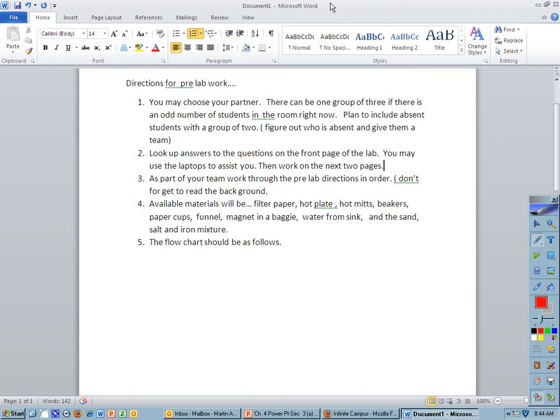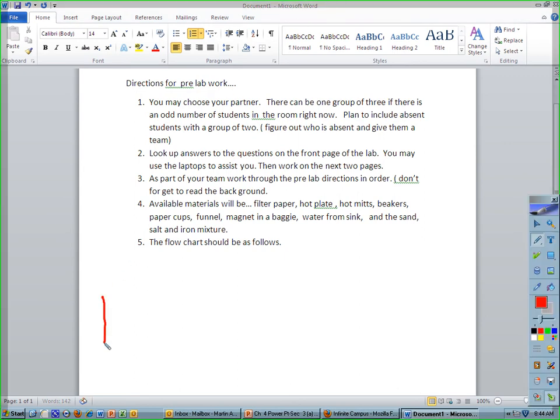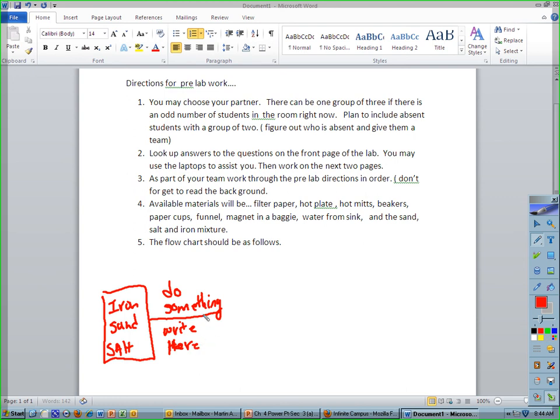A flow chart looks like this. You're going to start with a container that's going to have your iron, sand, and salt. Then you're going to do something. Okay? You're going to write whatever that is that you're going to do here on the line.